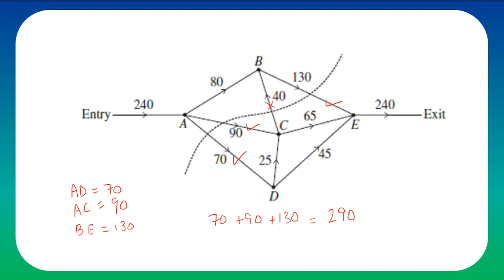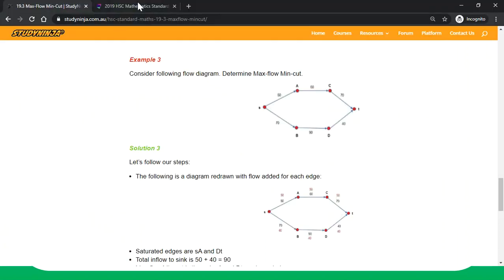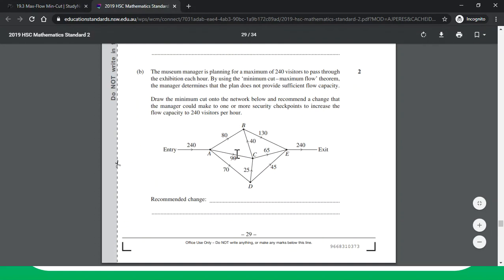Let's move on to the second question, part B. Now part B is saying that the museum manager is planning for a maximum of 240 visitors to pass through. So if you see in the entry, they wanted 240 visitors. But what he's saying is that by using the minimum cut and maximum flow theorem, first determine that what he wants is not achievable.